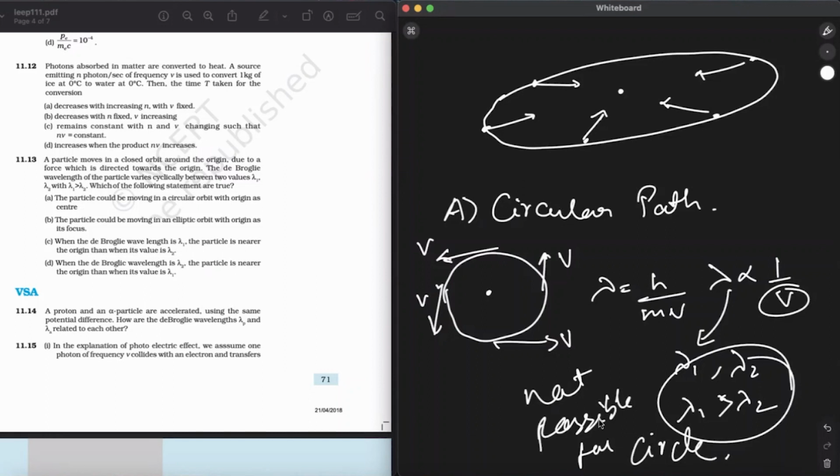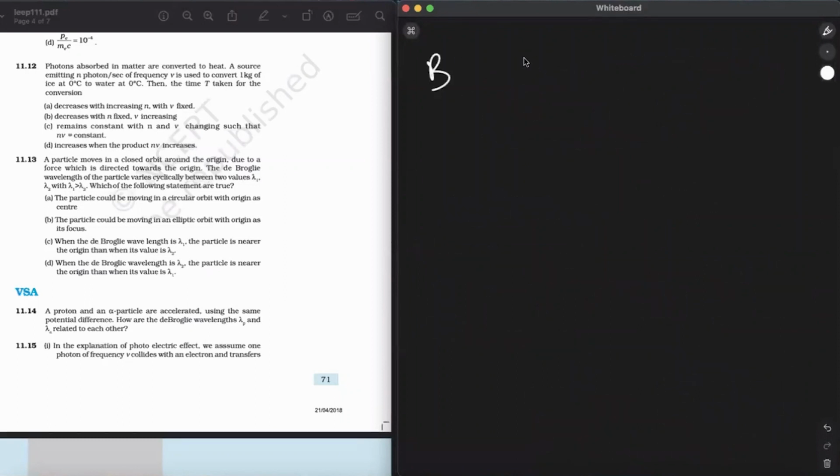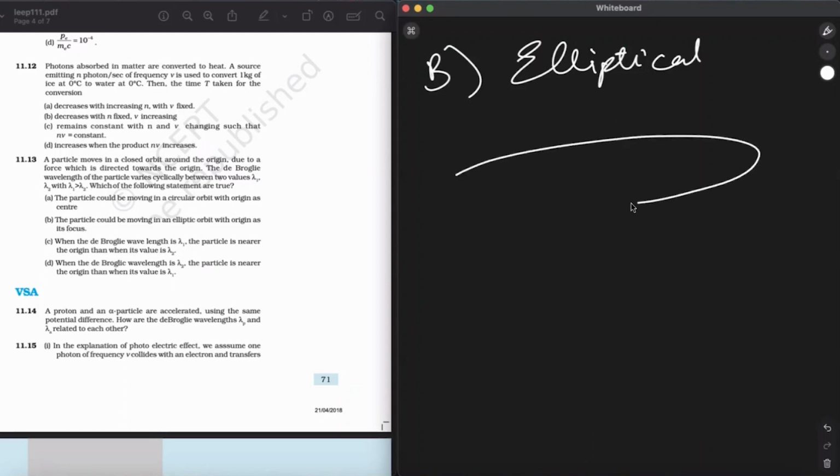Now, if I imagine another case, if I say that it is an elliptical orbit, as given in the options. Let's check for elliptical. So this is an ellipse. This is a focus F1, this is a focus F2, and both can act as the origin. So if I say that this is the origin, this is the diagram for it.